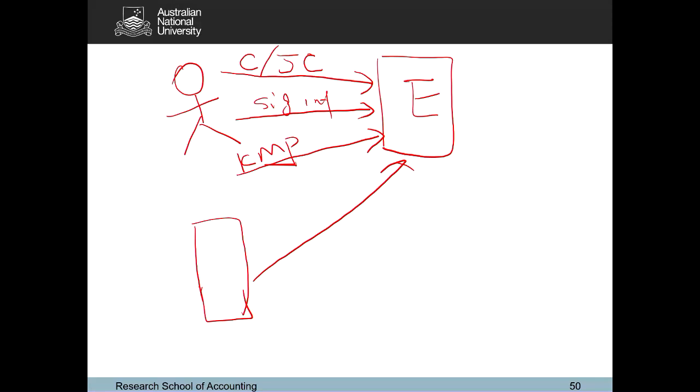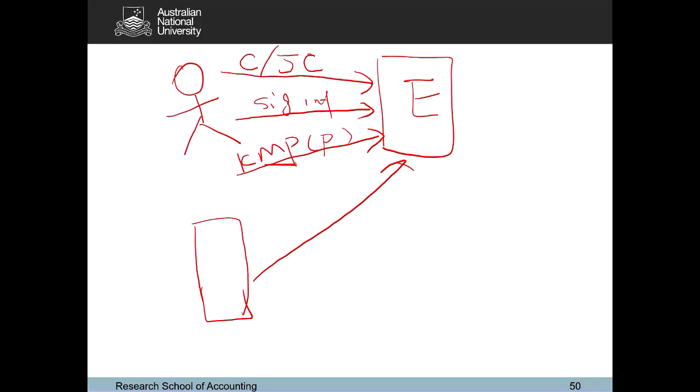Executives, CEO, CFO, COO, CIO, whatever, right? Or this is coming from this company's parents. So if this reporting entity E has a parent, and this individual is the parent's key management personnel, that's also related party. The transaction between them need to be disclosed. Clear? For individual, 3 ways.